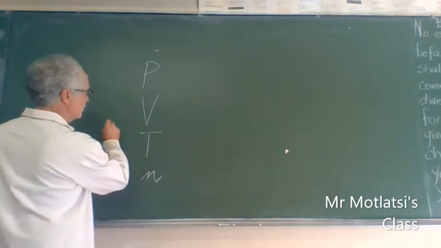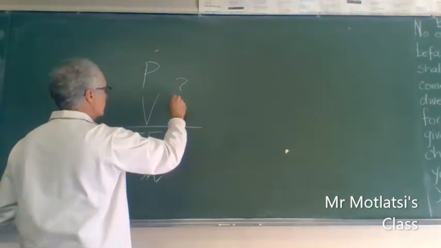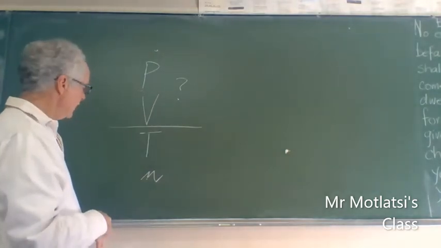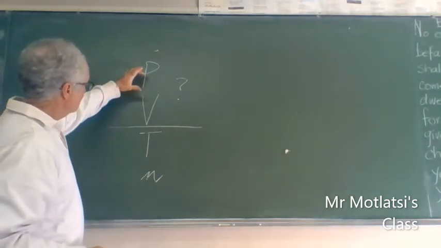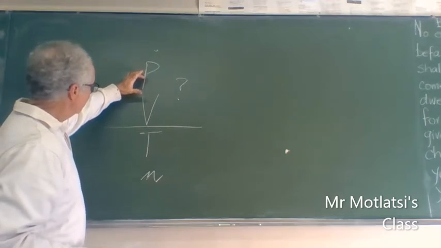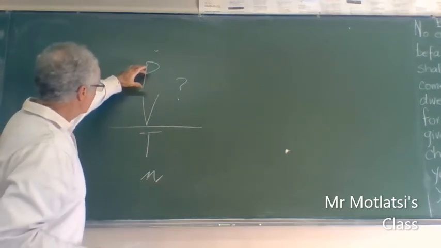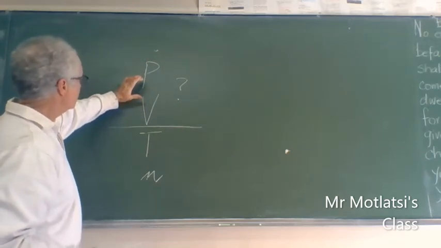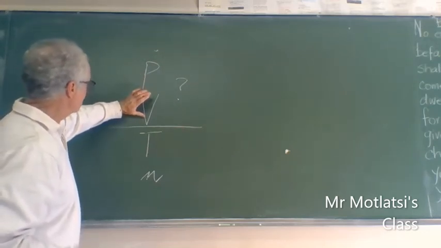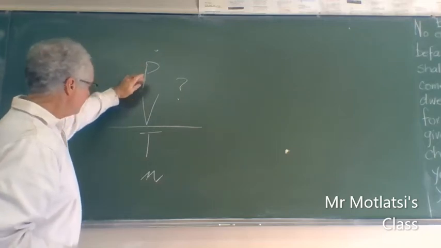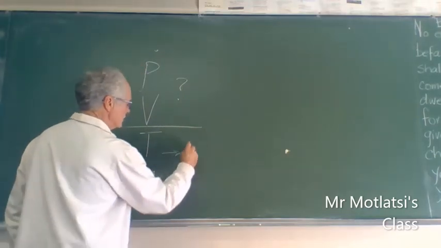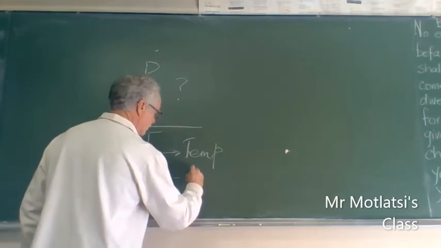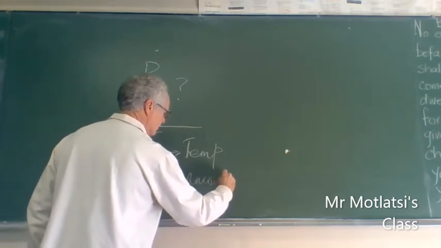And the first one we want to examine is, what is the relationship between pressure and volume of a gas? If we want to examine what the effect of an increased pressure on the volume of a gas is, or what the effect of a decreased volume is on the pressure of a gas, then we need to keep the other two, temperature and amount of gas, constant.